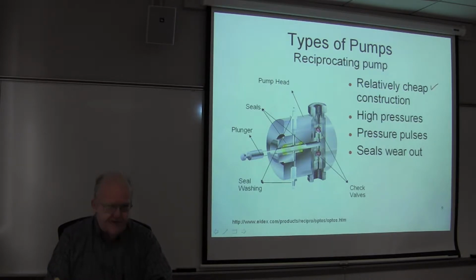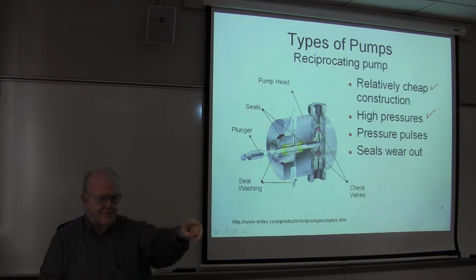They're relatively inexpensive, as I said, if you can think of $5,000 as being inexpensive. You can get to very high pressures with these pumps. The downside of a reciprocating piston pump is they generate pressure pulses because the pump has to go like this.